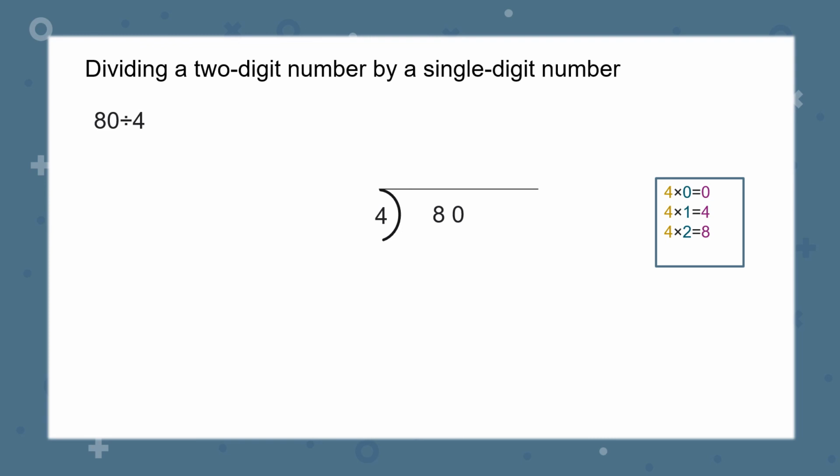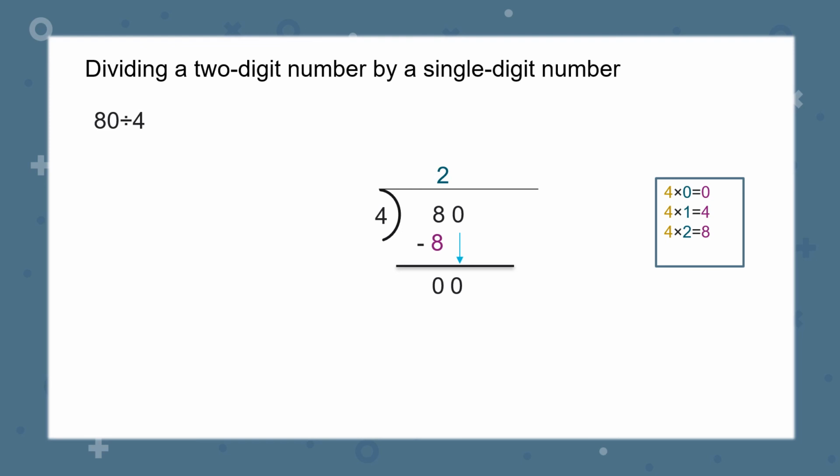So we will write 4 2s are 8, 2 above the 8 and answer 8 below 8. Now we will subtract 8 minus 8, we will get 0.